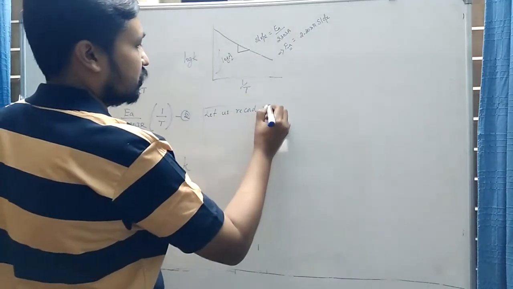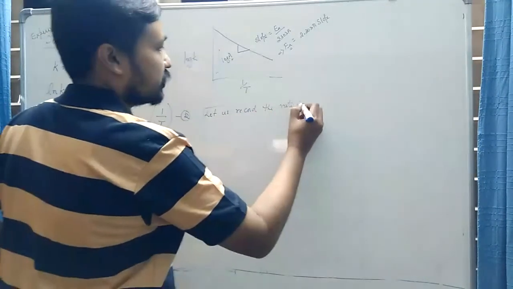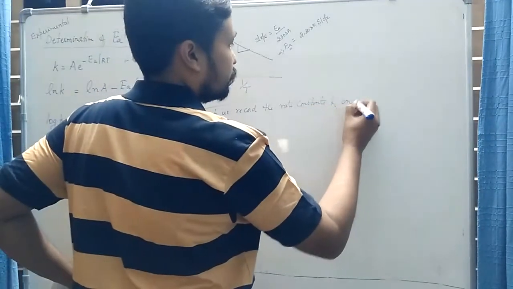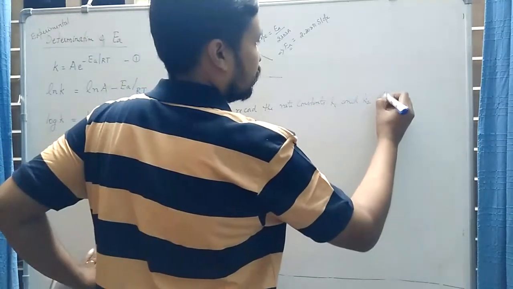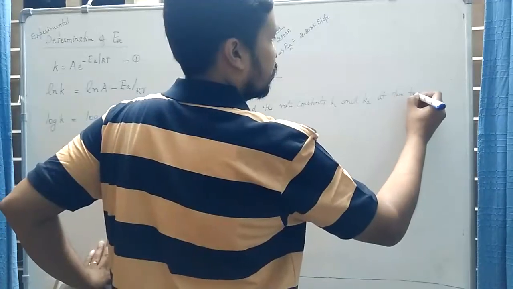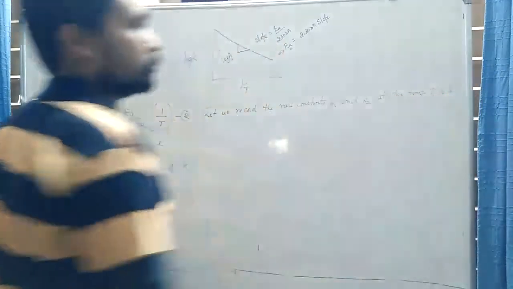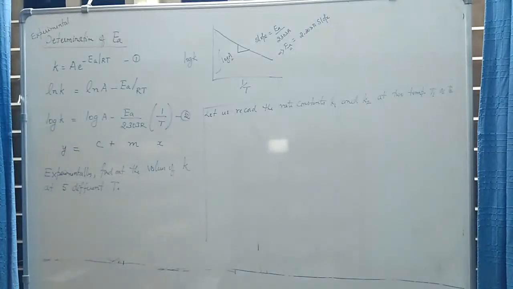Let us record the rate constants k1 and k2 of the reaction at 2 temperatures T1 and T2. So you are experimentally finding out the rate constants of the reaction, k1 and k2, at two different temperatures T1 and T2.